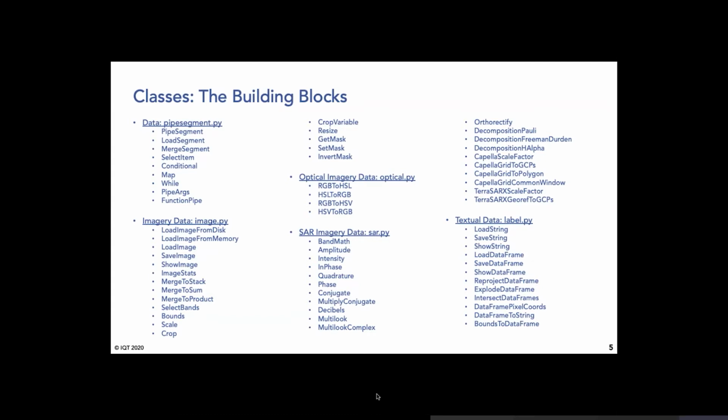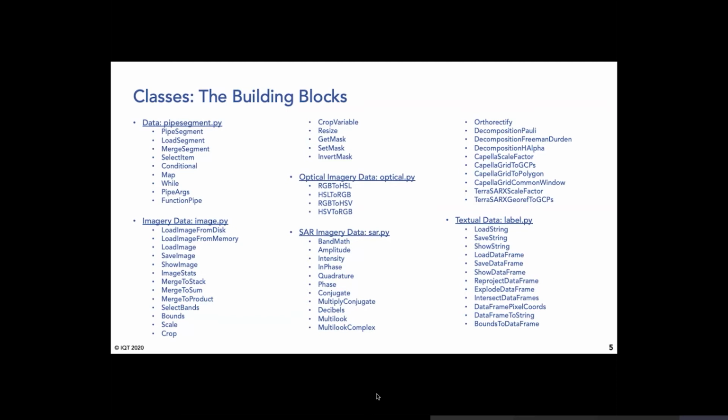Finally, the label.py module contains classes for working with vector labels and other kinds of data that can be expressed as text. So defining an object for each block in the flowchart, in practice, almost all of which will be things that are already available right here in the library, is the first step.